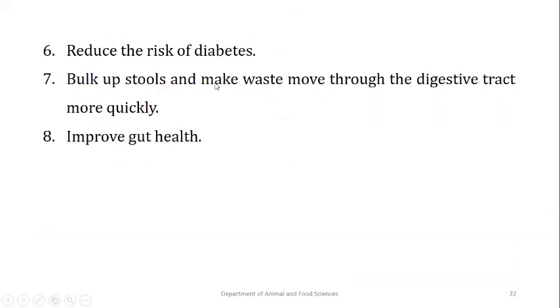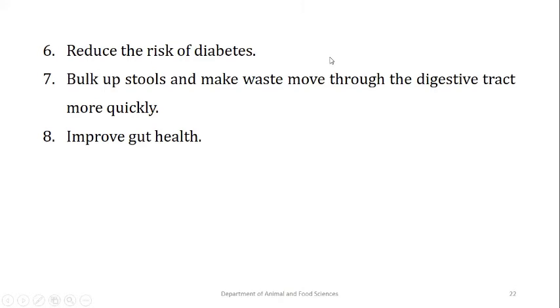And apart from that, it helps to reduce the risk of diabetes. Why does it affect diabetes, or reduce the risk of diabetes? Because when we eat foods rich in fiber, we cannot eat a large amount.